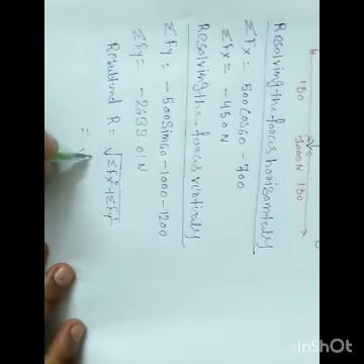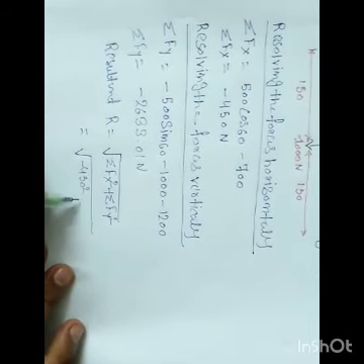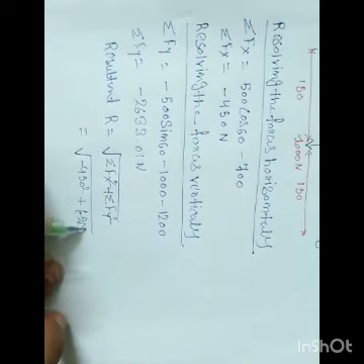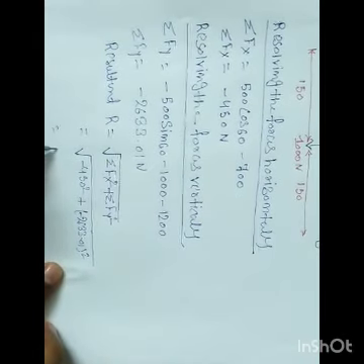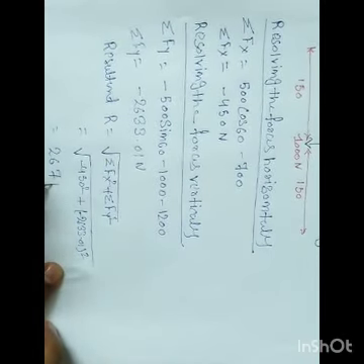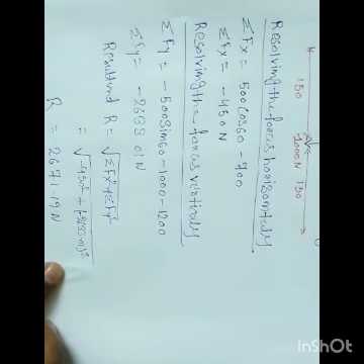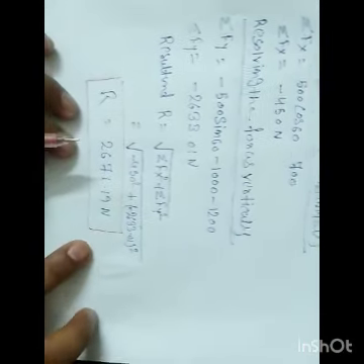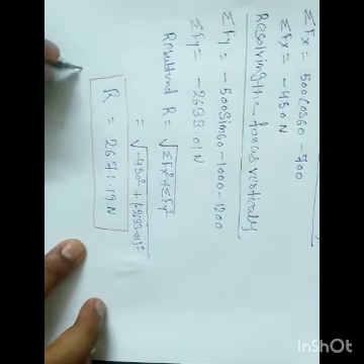So it is root over of minus 450 whole square plus minus 2633.01 whole square, right? So we'll get the resultant as 2671.19 Newton. So this is your resultant. First question we are done. Next we need to find out the direction.